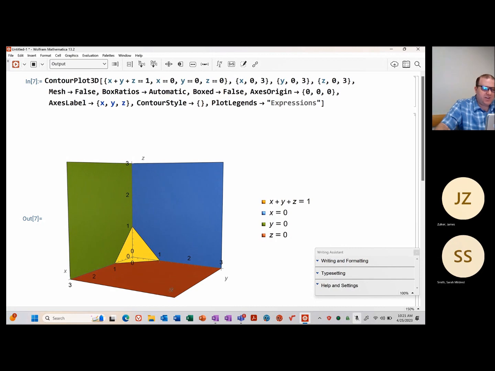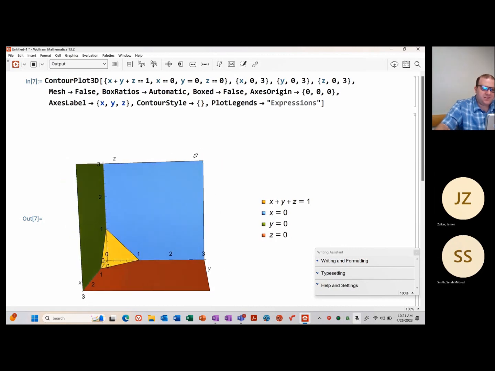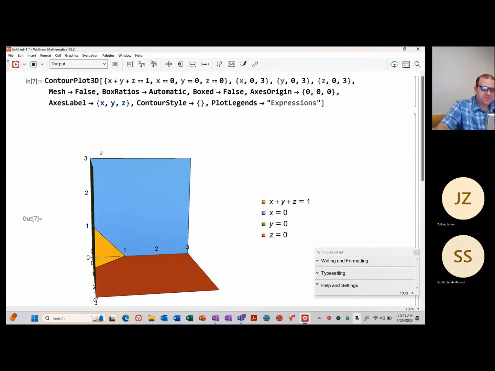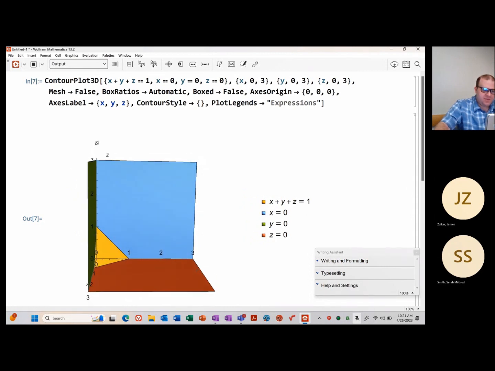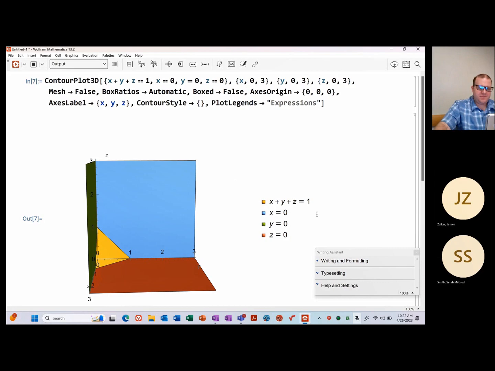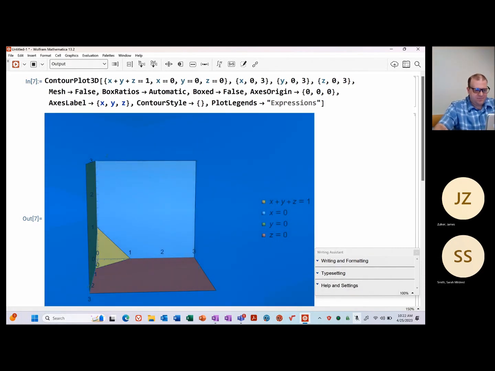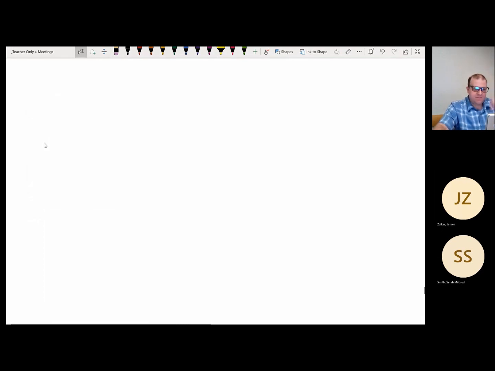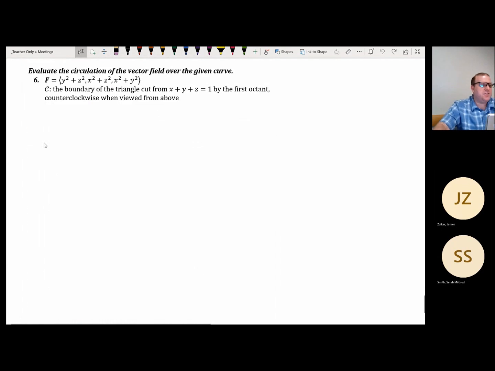We need to somehow now try and describe that surface.